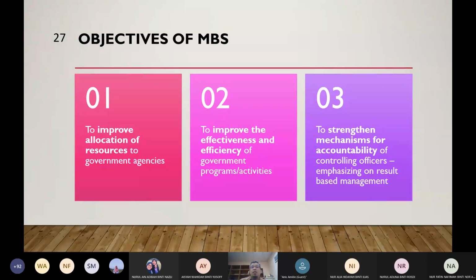I think if you look at this objective number 2, it's like the private sector, isn't it? I want to achieve profit, maximizing profit, in the case of possibly a CEO or accountants helping the organization.